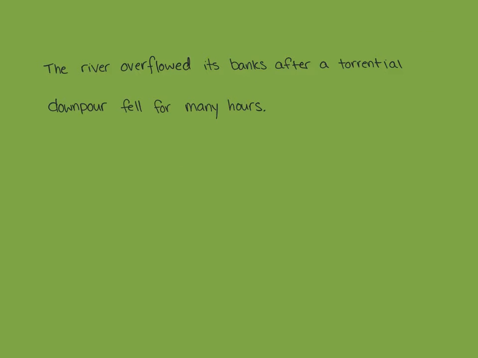If we look at the sentence, the river overflowed its banks after a torrential downpour fell for many hours. We have two clauses. So the river would be a subject, and the overflowed its banks would be a predicate. This is what happened, right?